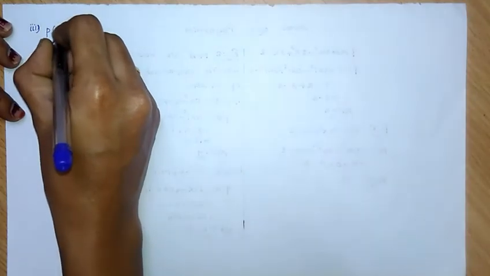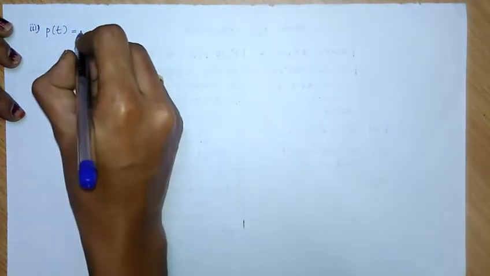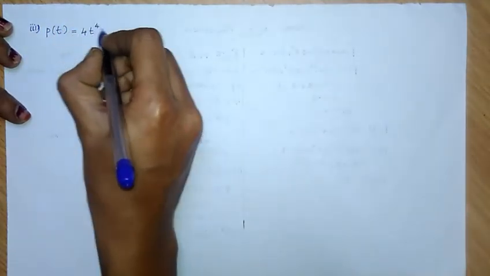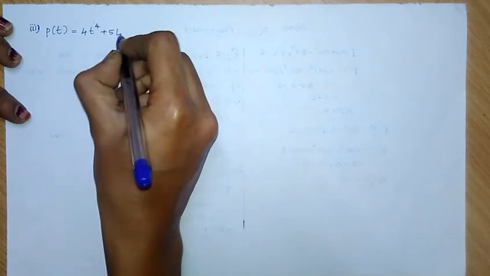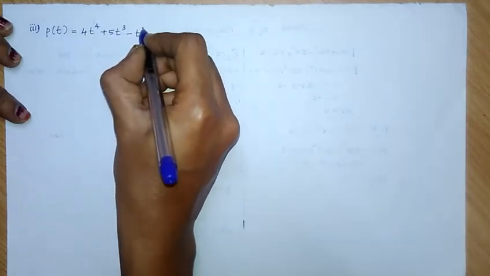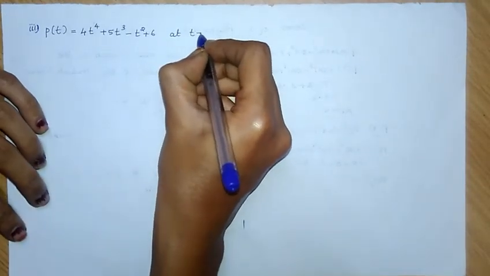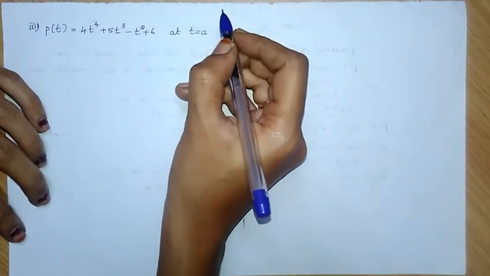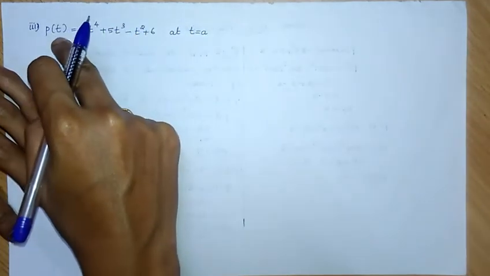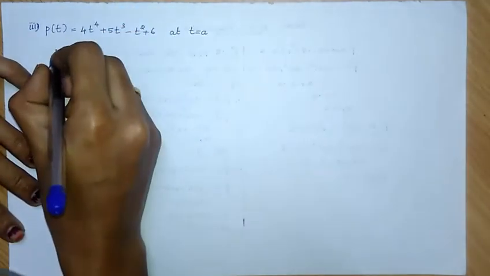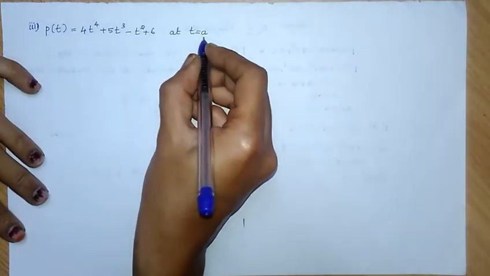Third polynomial, P of t equal to 4t power 4 plus 5t cube minus t square plus 6 at t equal to a. So we have to find the value of P of t at t is equal to a. In the place of t, apply the value a.